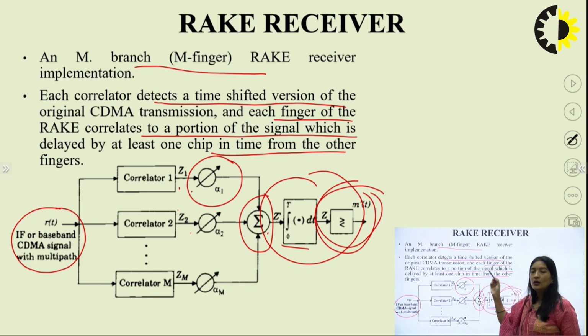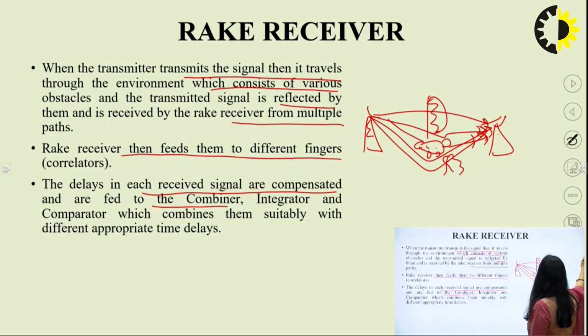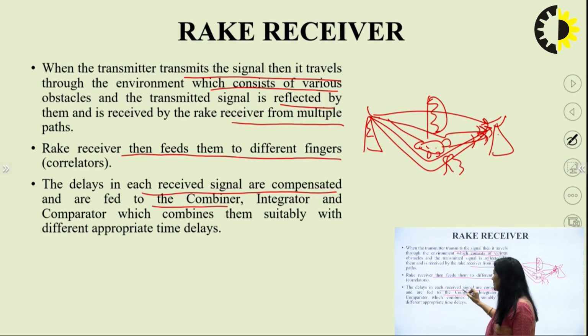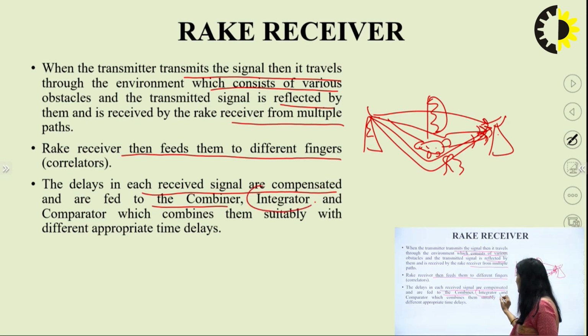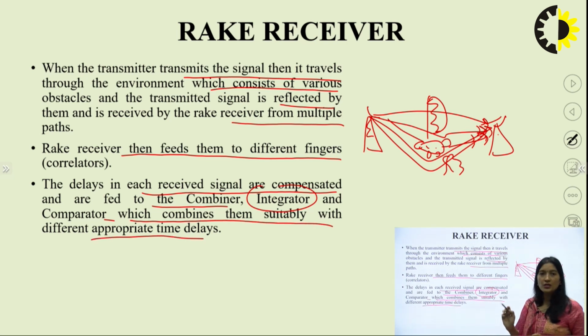According to the delay, the amount is given by these weights alpha 1, alpha 2 and alpha M, and then all the signals are combined together so that all the signals are aligned. The delays in each received signal are compensated and then fed to the combiner, the summer, and then we integrate this and compare. The comparator decides whether the bit is present or not. It combines them suitably with the appropriate time delays. So this is how your final signal will be detected.